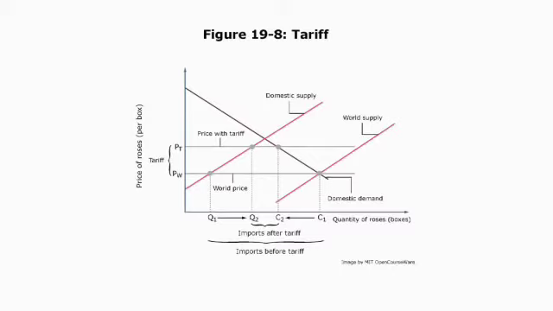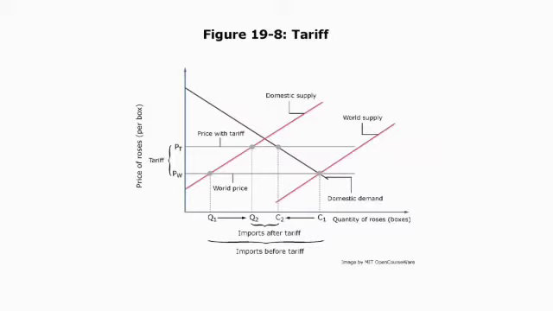Domestic producers are now going to produce Q sub 2 roses because they get a higher price. So domestic consumers are consuming less and domestic producers are producing more, because now you can reopen those heated greenhouses. It's worth it now. And we end up with a much smaller amount of imports.